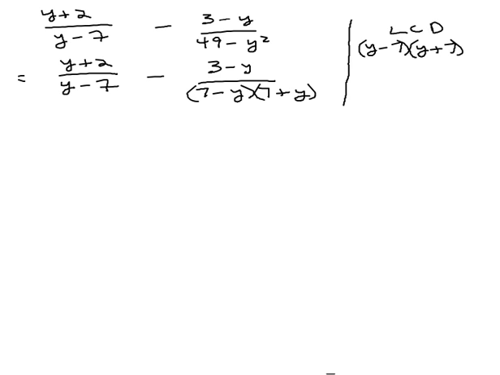But what about the other factor, 7 - y? That's the opposite of y - 7.